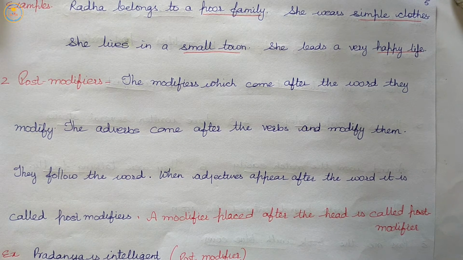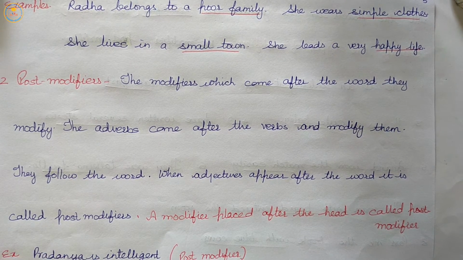Example, Pradanya is intelligent. Here, intelligent is placed after the word, and when an adjective appears after the word, it is called a post modifier. Intelligent is modifying that student's quality.